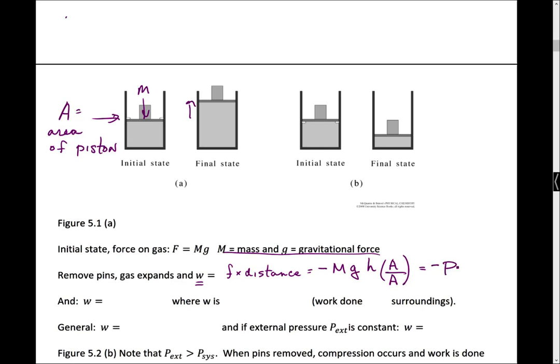Minus P. Force equals mg over A. And in this case, what I'm left with is this height times an area. What's height times an area going to get me? That's a volume, right? And this reflects a change in a volume. I'm starting from this volume and ending at that volume, so that's delta V.